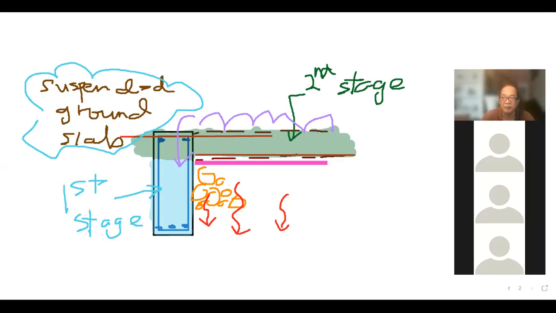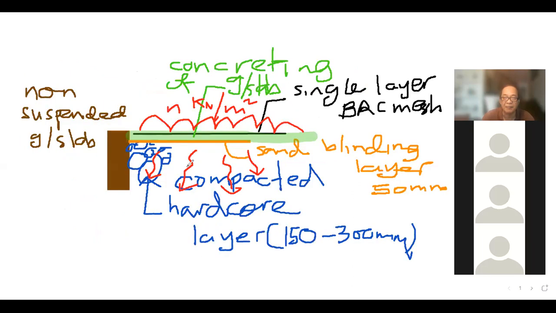Previously, the ground beam was not connected kepada the slab, there is no physical connection, even the reinforcement stop di sini. So there is no physical connection between the ground beam dengan ground slab, indicating that whatever loading on the ground slab is transferred directly to the soil below. It is not transferred to the ground beam. The ground beam is not supporting the ground slab.